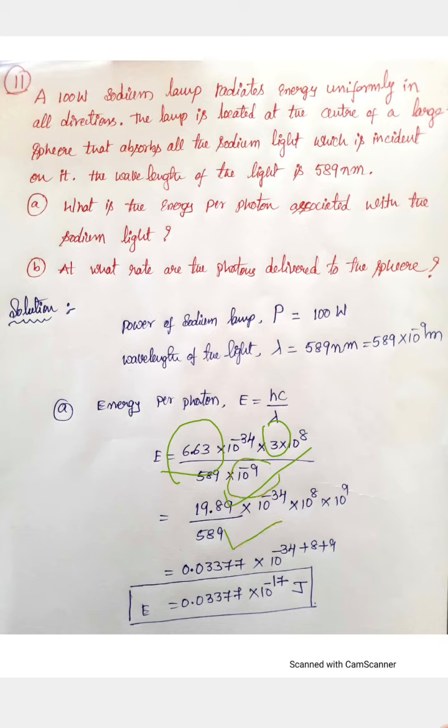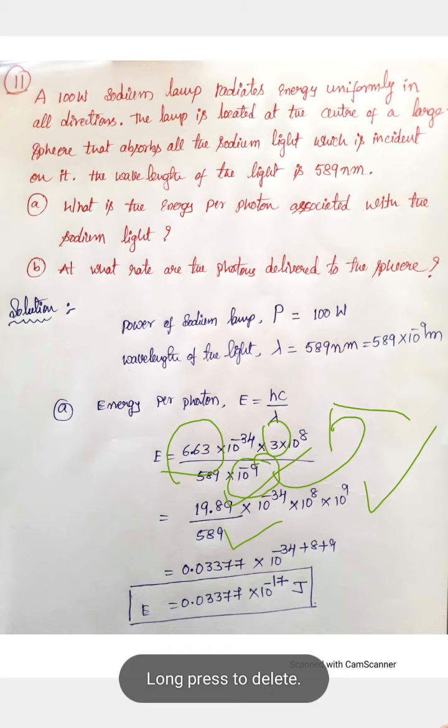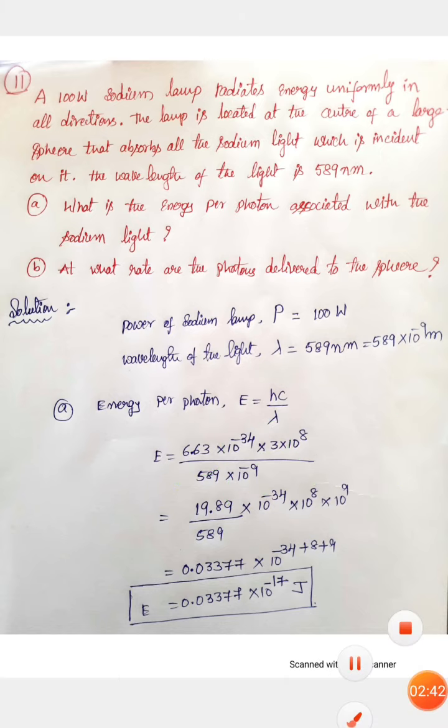Take the denominator power, 10 to the power minus 9, to the numerator, that will be 10 to the power plus 9. Now add all the powers, that is 10 to the power minus 34 plus 8 plus 9. When the bases are the same, powers will be added. Next, take the ratio 19.89 divided by 589.